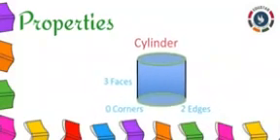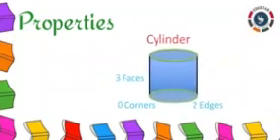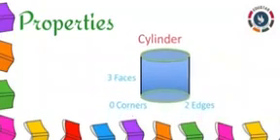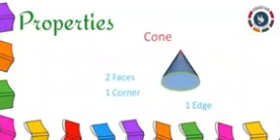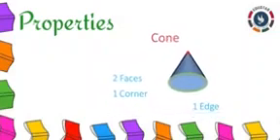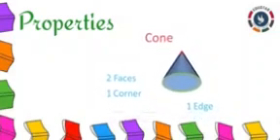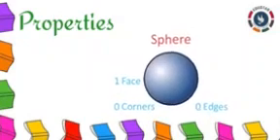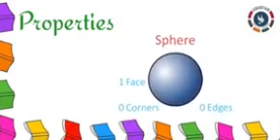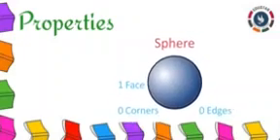Cylinder has 2 flat faces, 1 curved face, 2 edges and no corners. Cone has 1 flat face, 1 curved face, 1 edge and 1 corner. Sphere has no flat faces, 1 curved face, no edges and no corners.